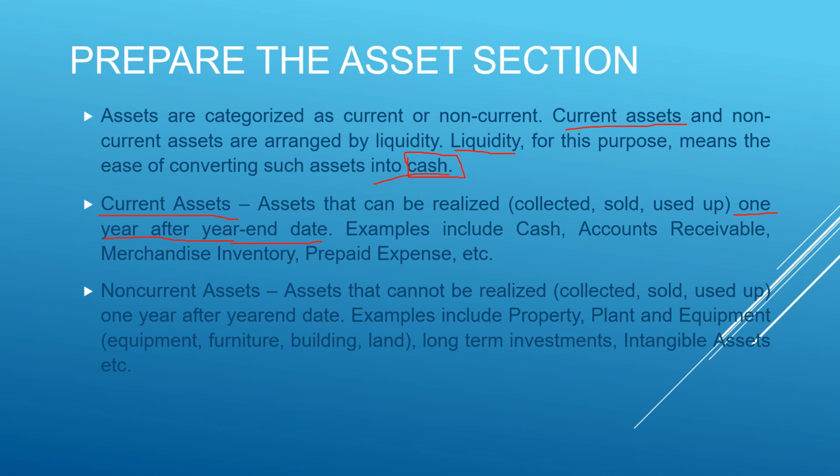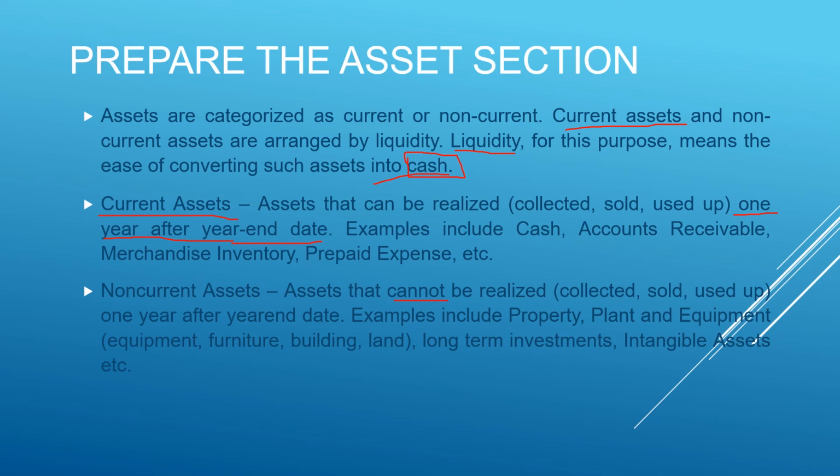Examples include cash, accounts receivable, merchandise inventory, prepaid expenses, and etc. How about non-current assets? Non-current assets are assets that cannot be realized, collected, sold, or used up within 1 year after the year-end date.